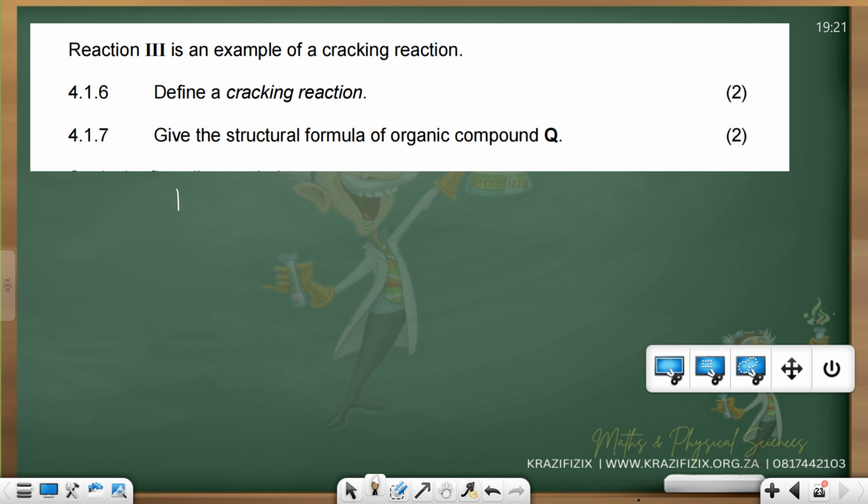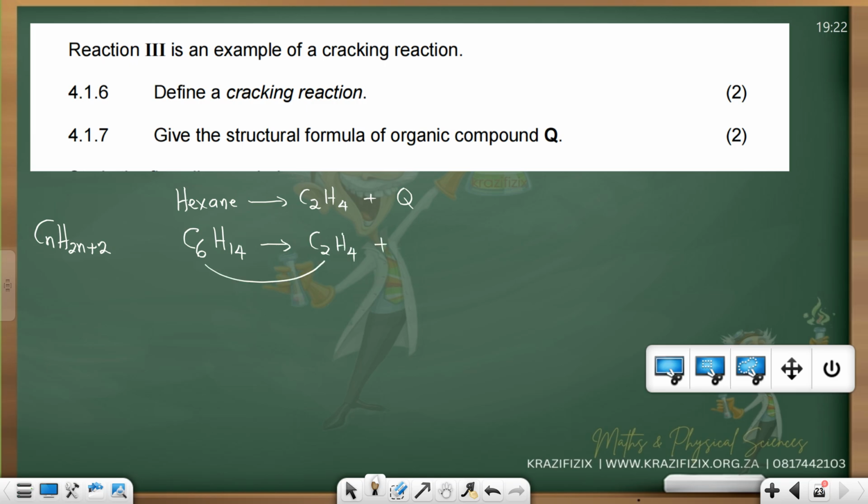It says hexane. So we're given hexane to give us C2H4 plus Q. What's the formula for hexane? C6. You must know the formula. General formula is CnH2n plus 2. Otherwise, you quickly draw. 6 times 2 is 12 plus 2, 14. Okay, so what is Q going to be?